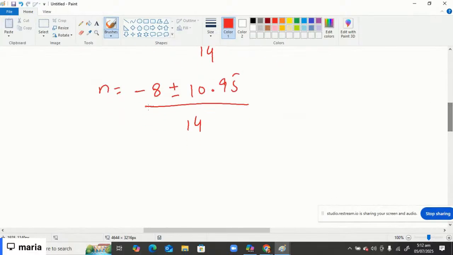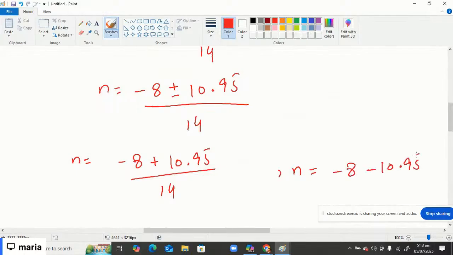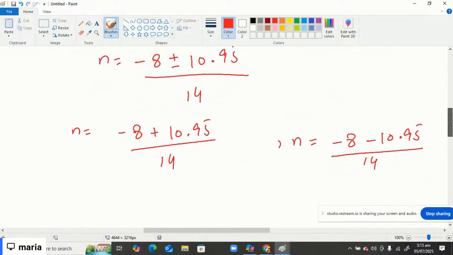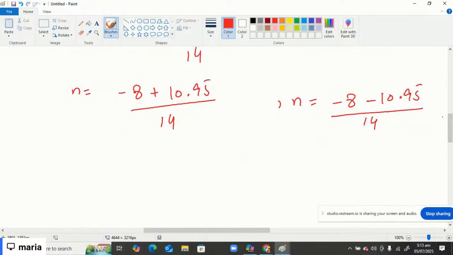First we put it with the plus and then we put it with the negative. n is equal to minus 8 plus 10.95 over 14, and n is equal to minus 8 minus 10.95 over 14. Let's solve it. First of all, we subtract it from the 8. This is 2.95 over 14, and then just divide over 14. So the answer is 0.211.